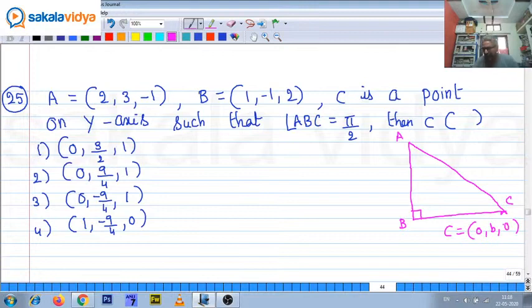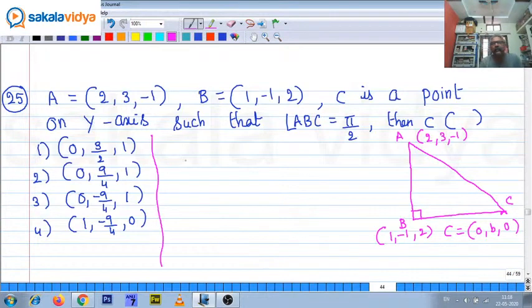We need to find out 0, b, 0. But A coordinates are given: 2, 3, minus 1. B coordinates are 1, minus 1, 2. That means AB is perpendicular to BC. AB is perpendicular to BC means we can apply direction ratios concept.